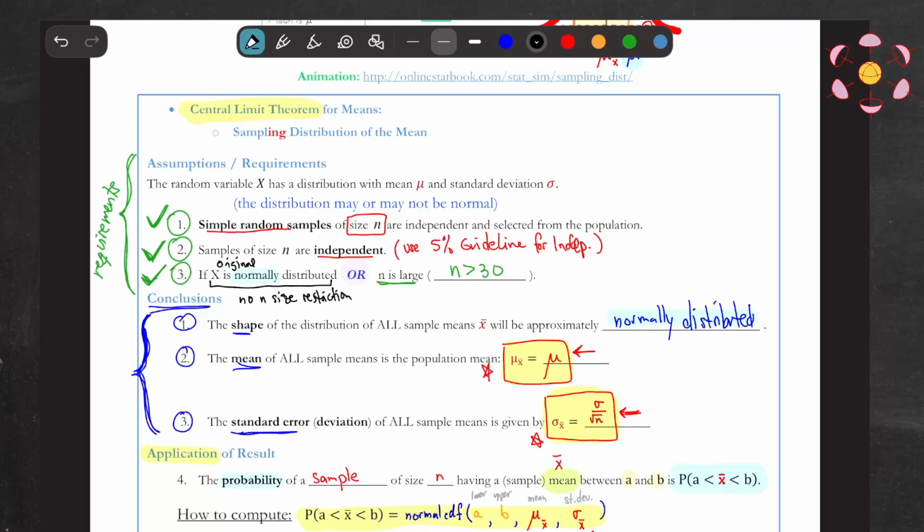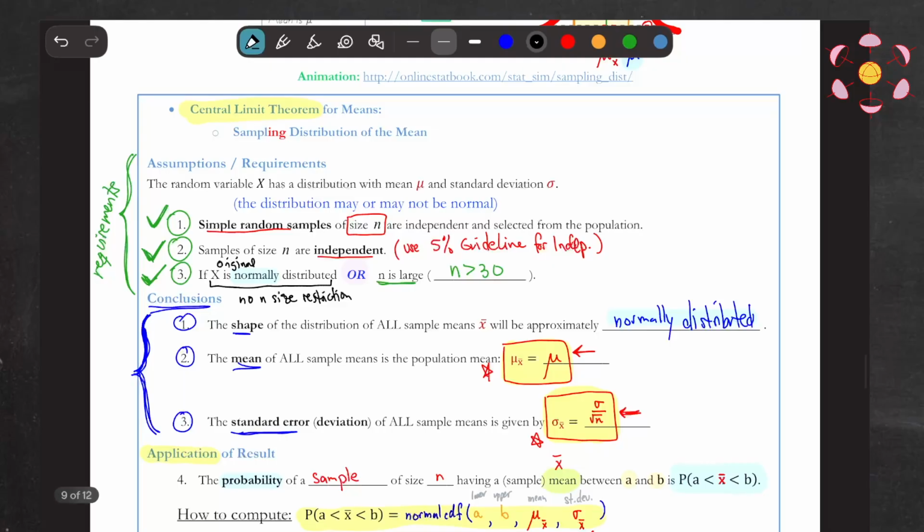Under those requirements, the conclusion is that the shape of the sampling distribution is normally distributed, that the mean of the sampling distribution is equal to the mean of the original distribution, and that the standard error of the sampling distribution is the standard deviation of the original divided by the square root of n.